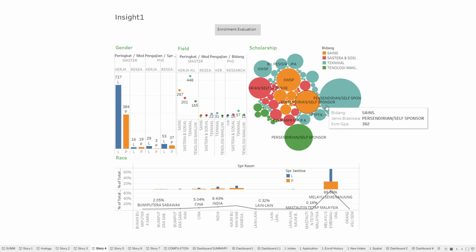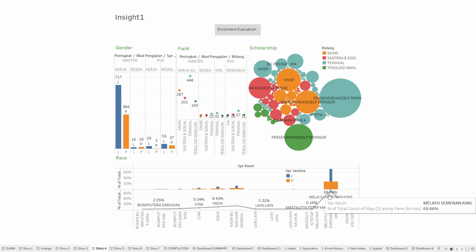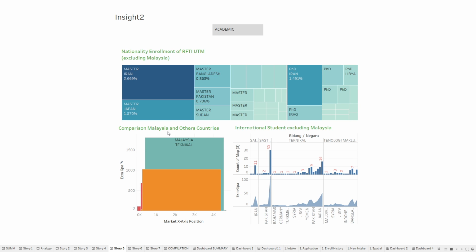On scholarship, most of the students are self-sponsored, mostly in the technical field and in information technology. And then for races, the Malay is 70% compared to others for the enrollment at UTM RFTI.